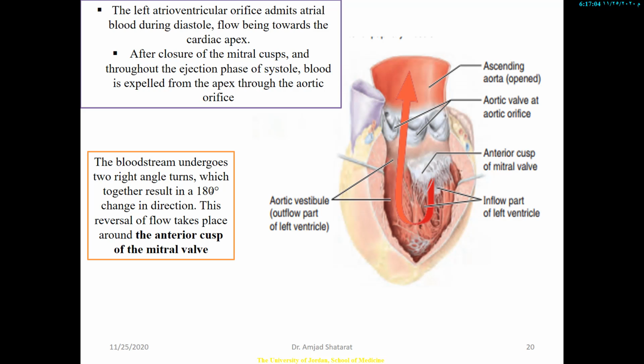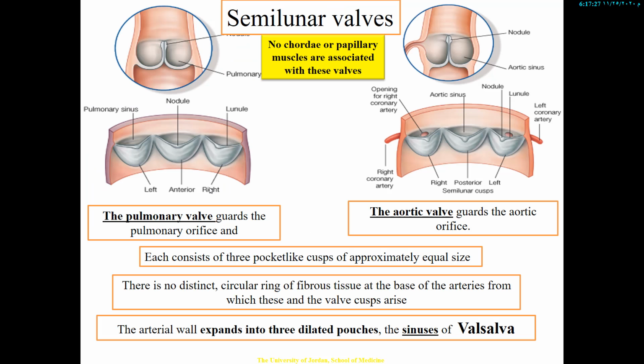That's why their function is huge: to not let the cusps go backward, prolapse into the atria, and that's why their structure is a bit complicated. Now you may understand this when we talk about the semilunar valves.